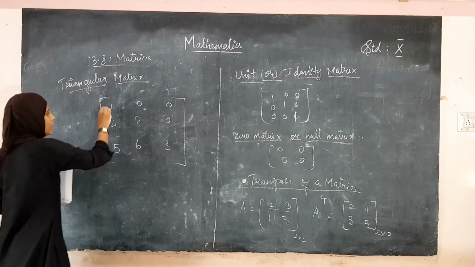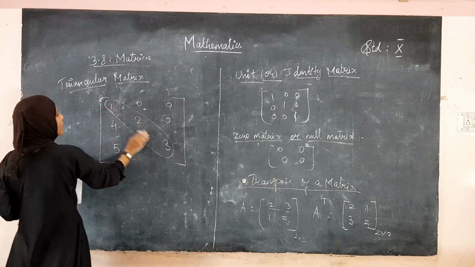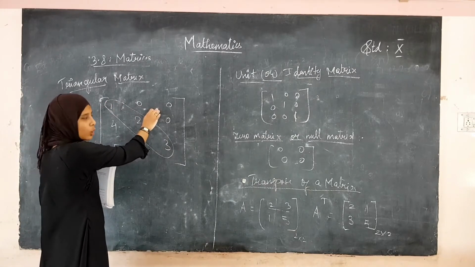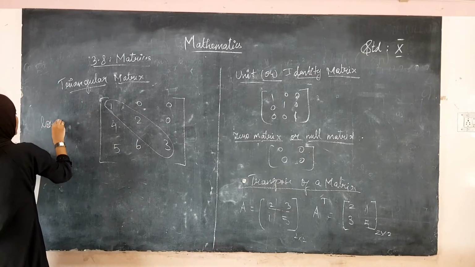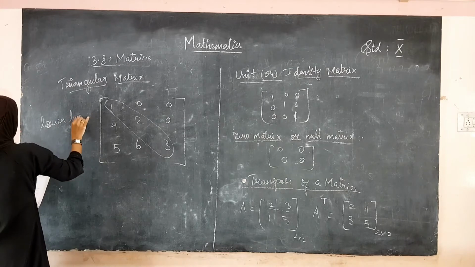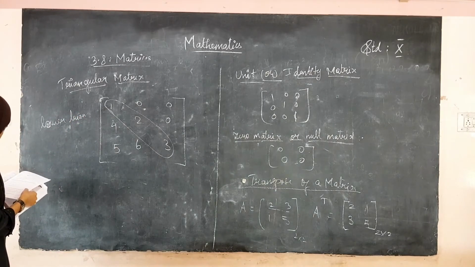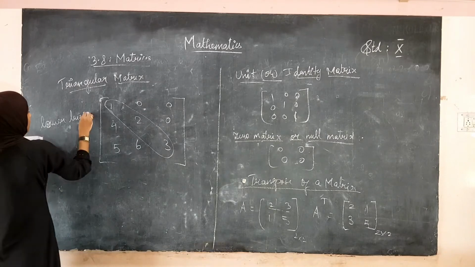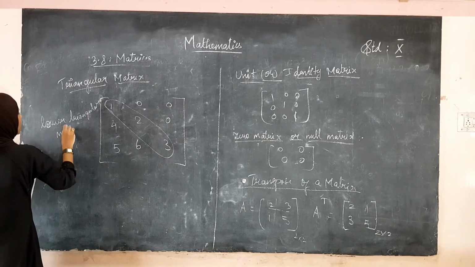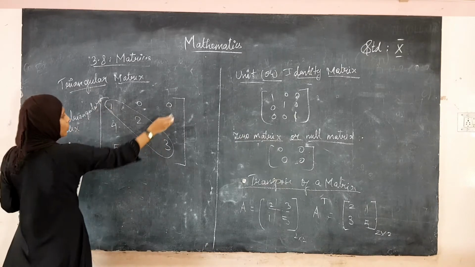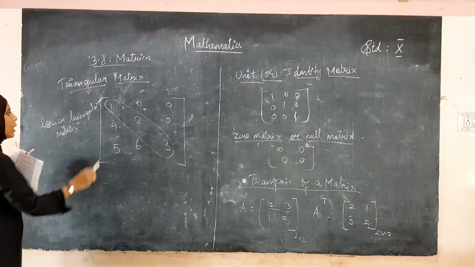See here, these are the diagonal elements. The elements above the diagonal elements are 0, so this matrix is said to be the lower triangular matrix. This is a lower triangular matrix because the elements above the diagonal elements are 0. Therefore, we are saying this is the lower triangular matrix.